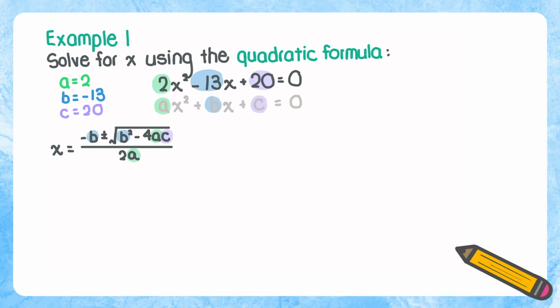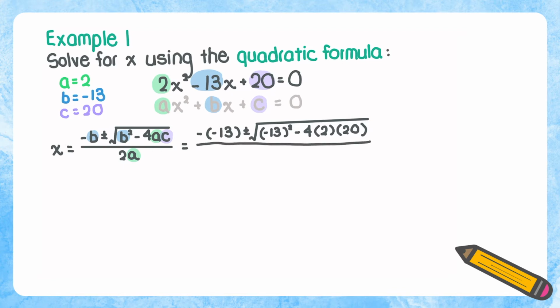So I'm going to have, let's see, negative 13 plus or minus the square root of, so negative 13 squared minus 4 times 2 times 20, and then all of this over 2 times 2.